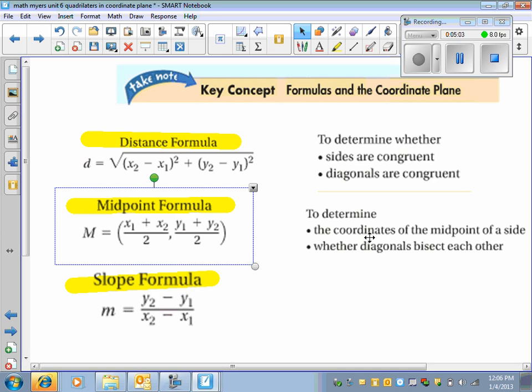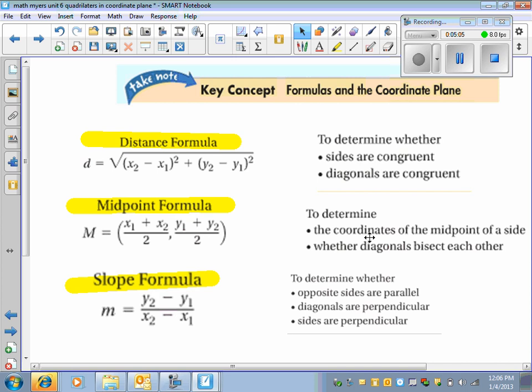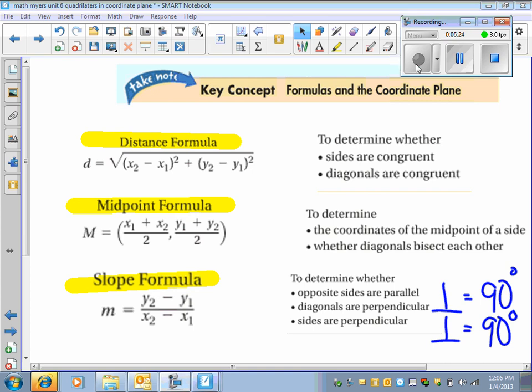And last but not least, the slope formula, which could be helpful to determine if opposite sides are parallel, if the diagonals are perpendicular, and if the sides are perpendicular. Perpendicular, what is that? There's a number associated with that. You guessed it, it's 90 degrees. Push pause whenever you need to copy down the formulas and why we need to use these formulas.